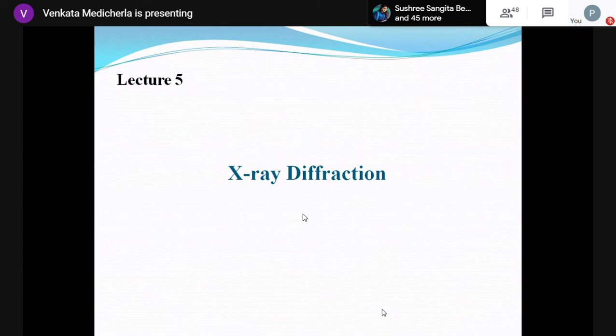That is why visible light cannot produce diffraction effects for the crystal slits. You take a crystal and shine visible light and see. You will see that light is just reflected because the wavelength is so large. You are talking about 5000 angstrom wavelength and your slit sizes are maybe 2 or 3 angstrom. So the wavelength is much, much larger.